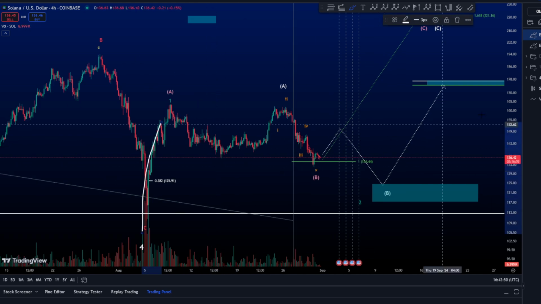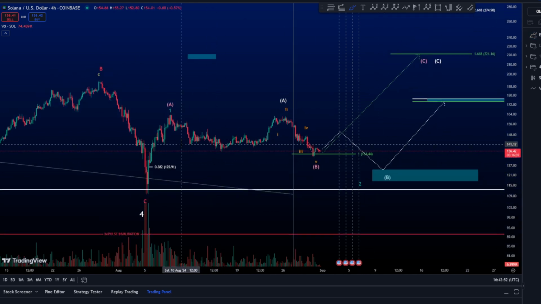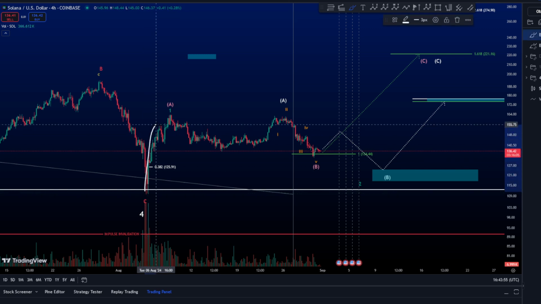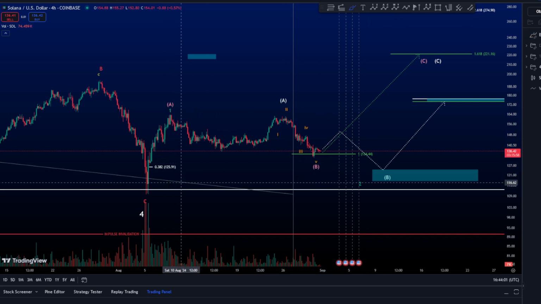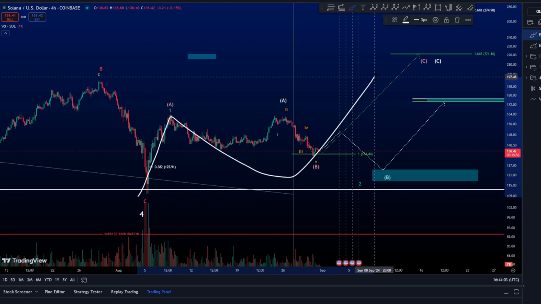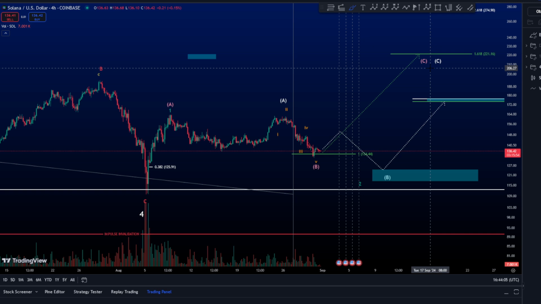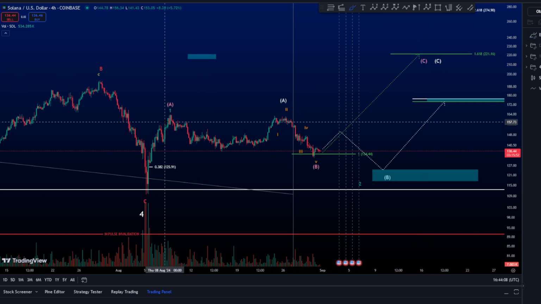It can be considered both as 5 waves up, and at the same time it looks a little bit like 3 waves up. So it's a little tricky, because it can be counted as a 1, 2, or even an A for a zigzag, and we are looking for wave C for a zigzag.